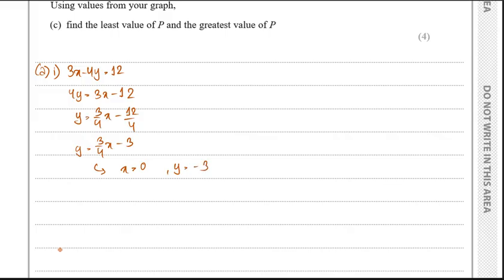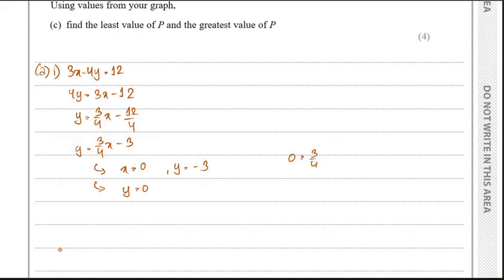We will be finding two coordinates, and the best possible two coordinates are the x and the y-intercept. So at the y-intercept, the x coordinate will be 0, and at the x-intercept, the y-coordinate will be 0. So y equals 0.